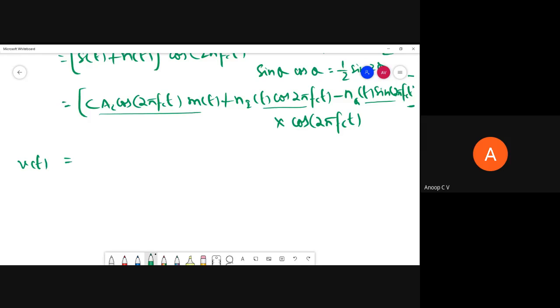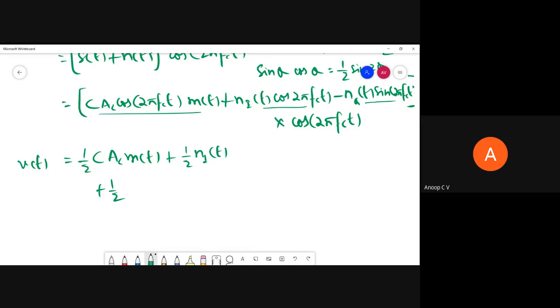So if you rearrange it, what we'll get is a half c times Ac times m of t term. Then half of the Ni of t term will be there. Then we have the cos 4 pi fct terms.